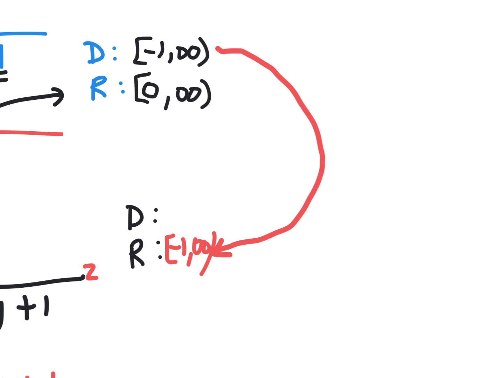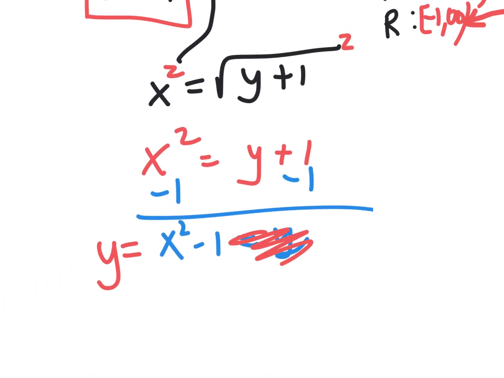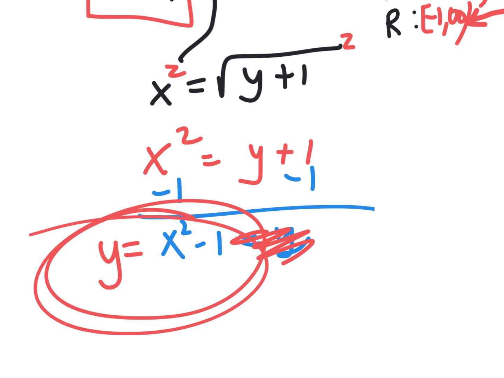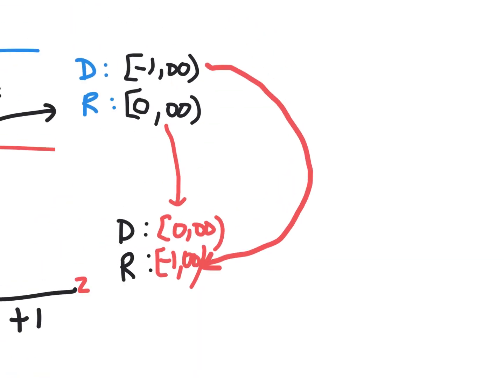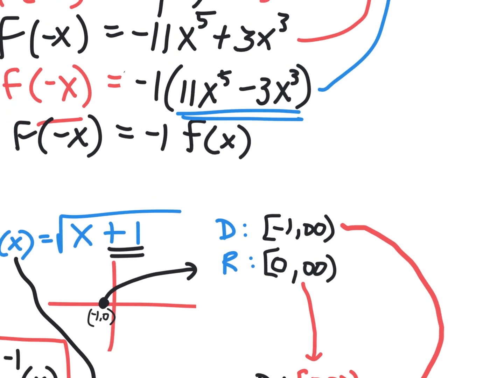And your range comes from the domain up here, 0 to infinity. Do you get that? I think you should be able to look at this and figure out its domain and range. But you can't because of how inverses work.